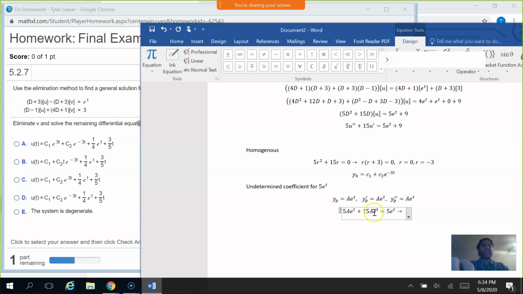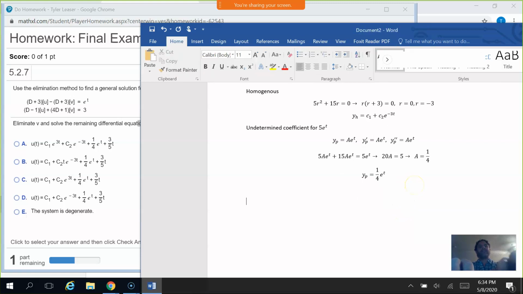We can divide everything by e to the t and combine the a's to get 20a equals 5. In other words, a is 1/4. So this particular solution is just 1/4 e to the t.